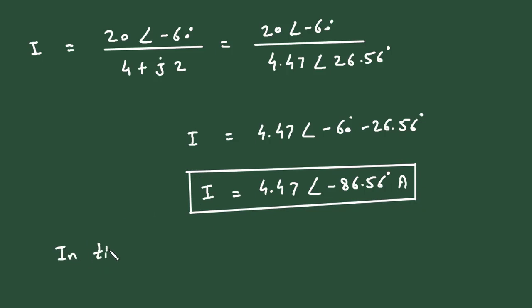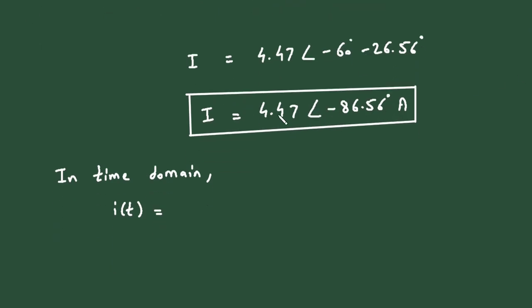In time domain, it will be I of t is equal to, first we will write the formula Im cos omega t plus phi. So value of Im is 4.47 cos the value of omega.